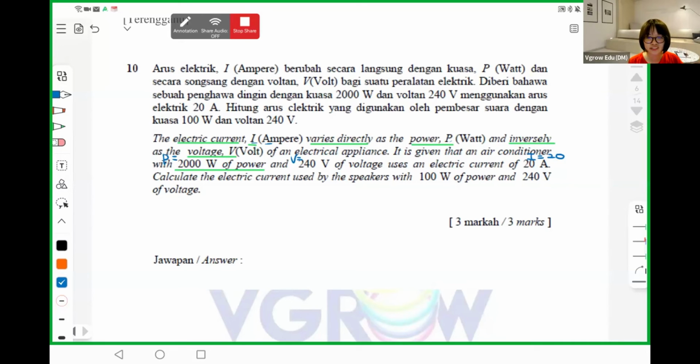Remember the steps just now: variation form, then you change it to equation form. So substitute all the values and then find out the value of k first. 30 more seconds.